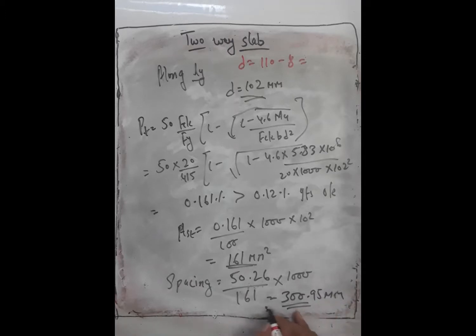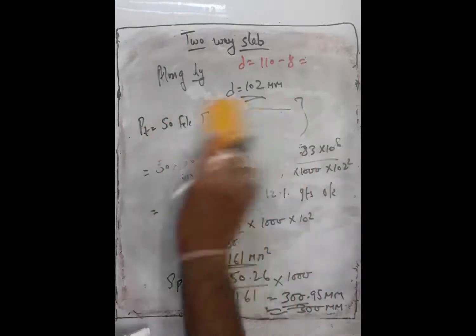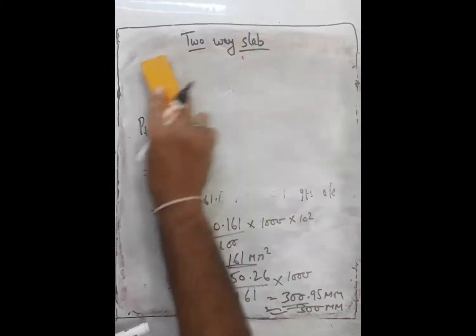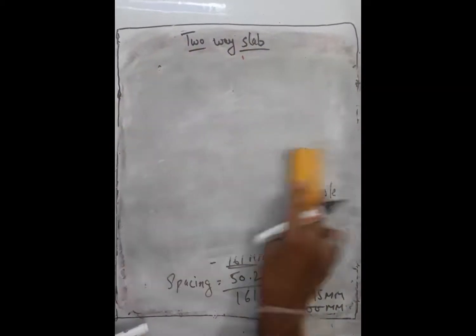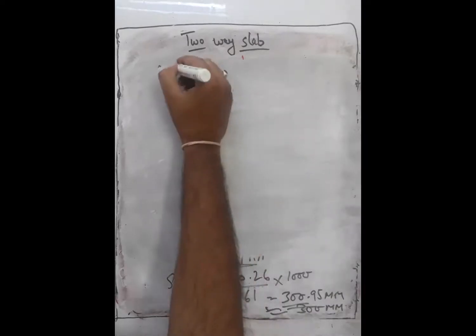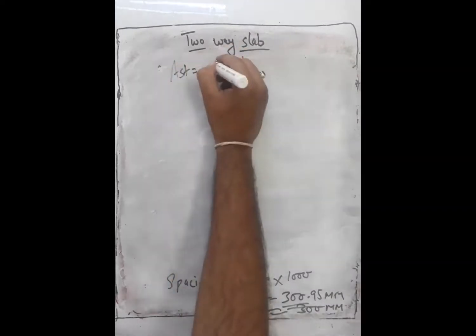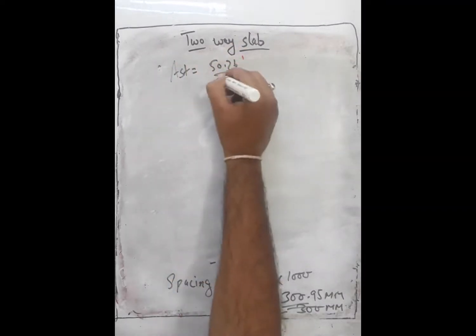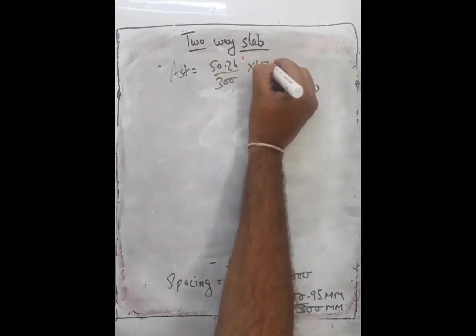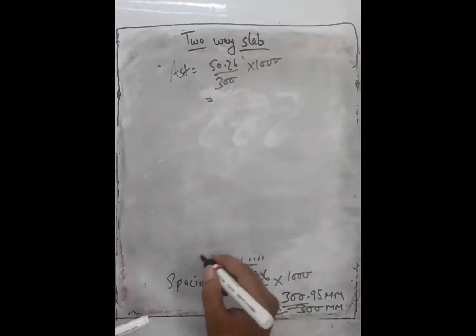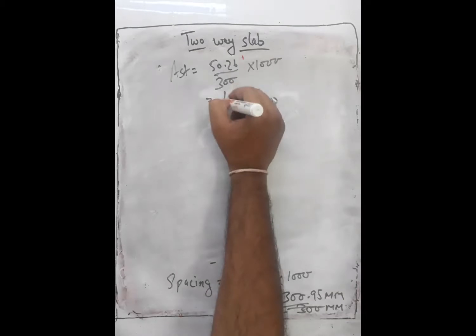So here we take 300 mm. Now we find the Ast for 300 mm spacing, which is 168 mm square.